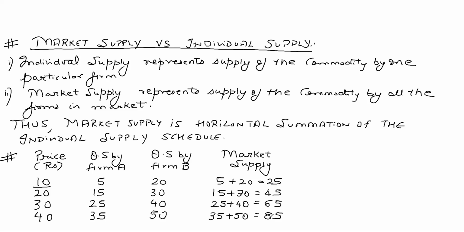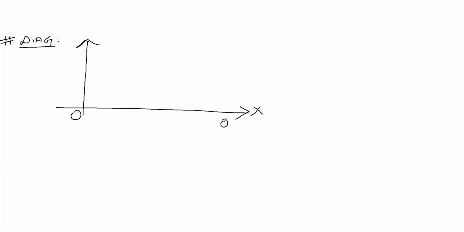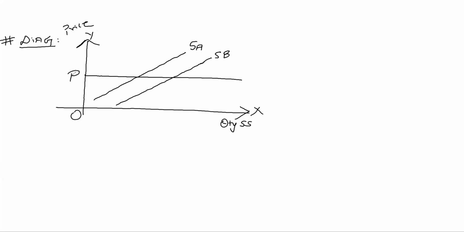Okay, and I can show you the concept of market supply using a diagram as well. So we have the origin. On the x-axis, we have quantity supplied. On the y-axis, we have price. This is one individual supply curve by firm A. This is the supply curve by firm B. Now at the price of OP, quantity supplied by firm A is QA, quantity supplied by firm B is QB.